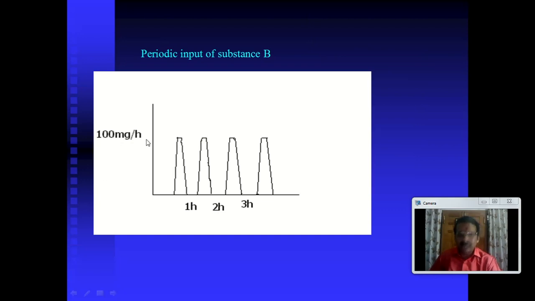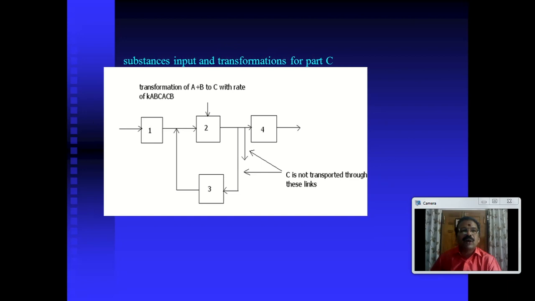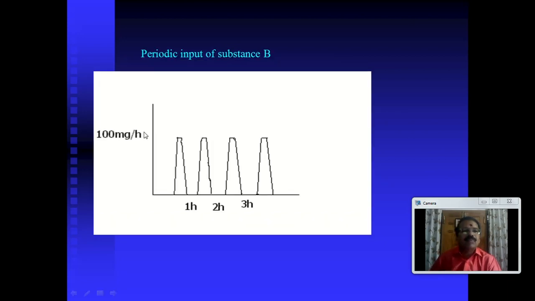The substrate B is entering the tank with 100 milligram per hour as the mass flow rate, but it enters periodically at each hour. Graphically it is represented: B enters as a periodic input. At each and every hour B is entering.